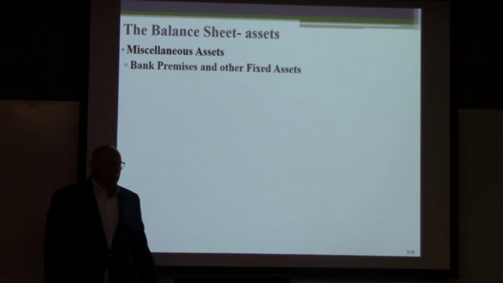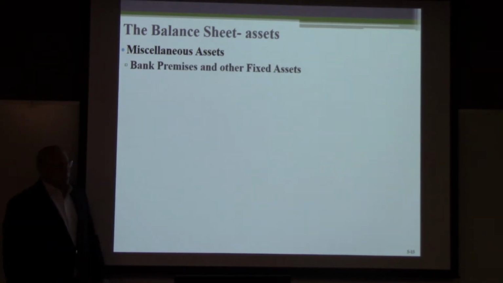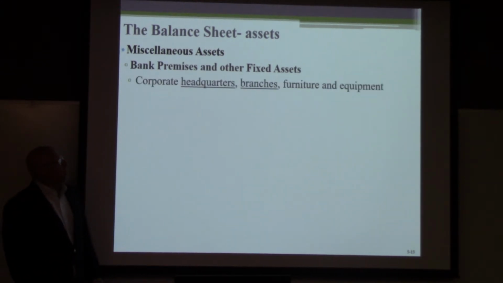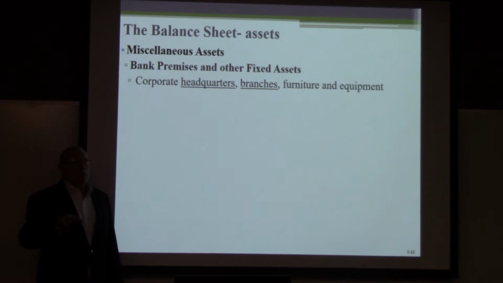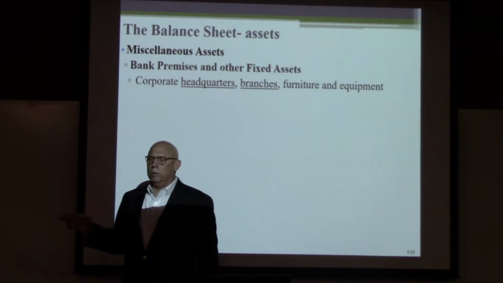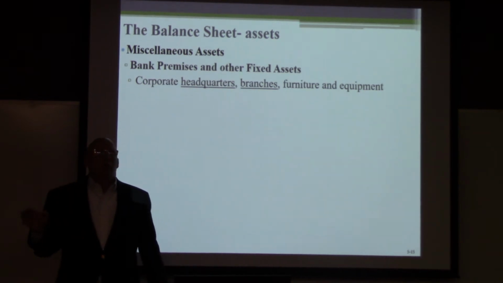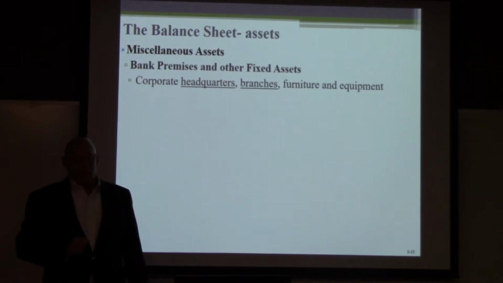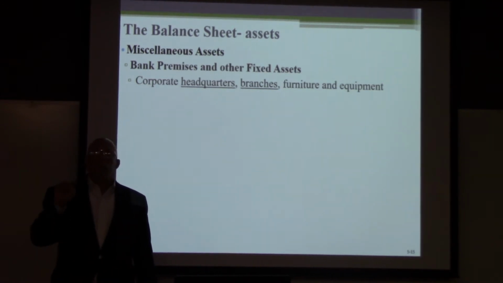All right. Miscellaneous assets at banks: the premises, the buildings, the nice buildings that banks have. And I would just say this: when you see a building that has a name on it, the Simmons Bank building, Simmons may or may not own that building, okay? But one thing is certain, Simmons owns the naming rights to that building.